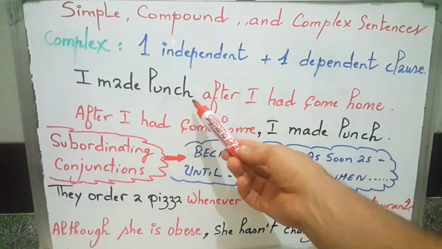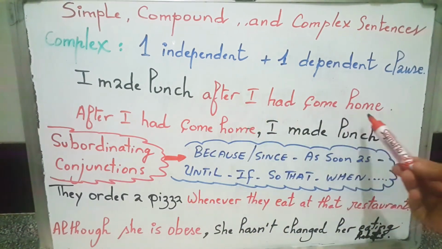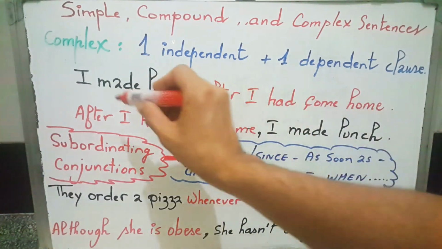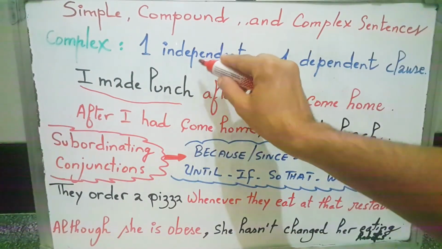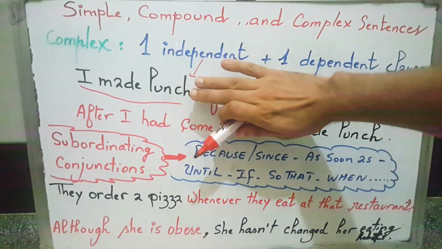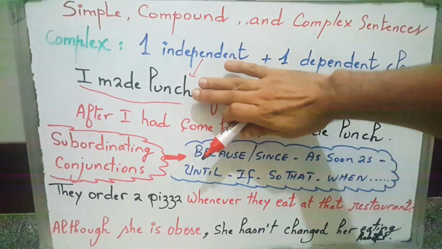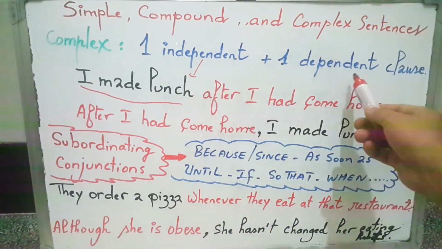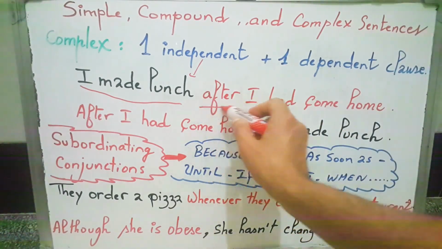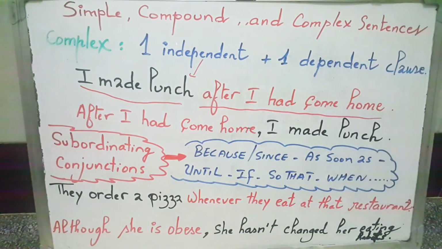Example, I made lunch after I had come home. So this is an independent clause, right? Independent because we could say I made lunch, it's a complete thought, it's a complete idea. And this one in red is a dependent clause, after I had come home.